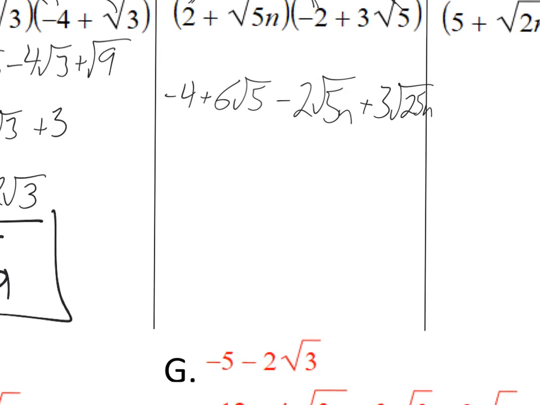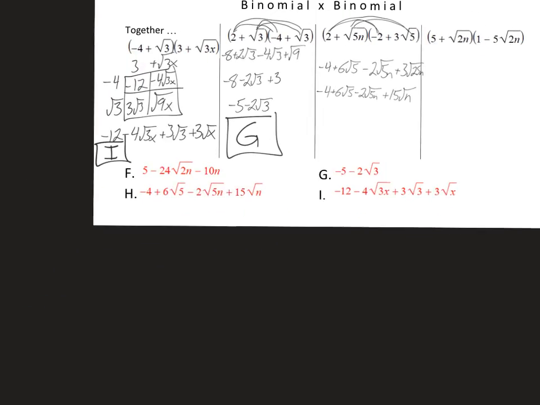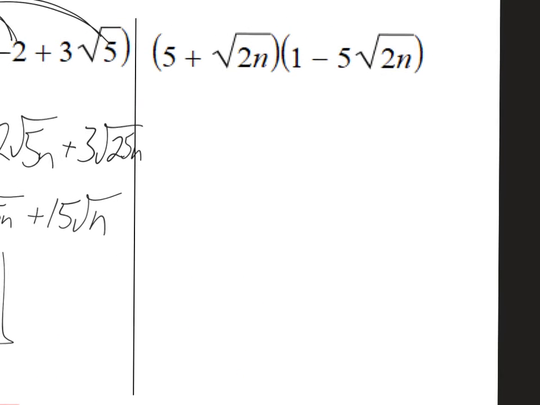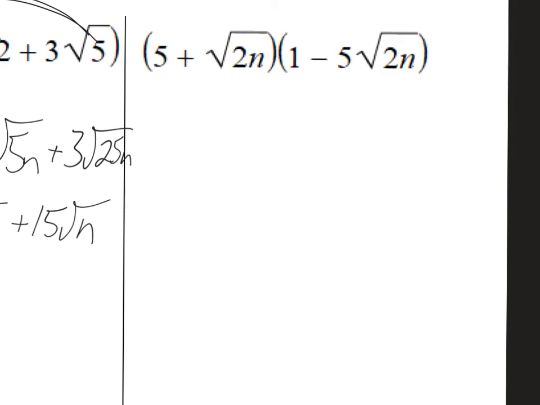Okay, so I have negative 4 plus 6 radical 5 minus 2 radical 5n. What's the square root of 25? It's 5, so that is plus 15 square root of n. So which answer is that? It is H. Okay, next one. Go ahead and try this one out.